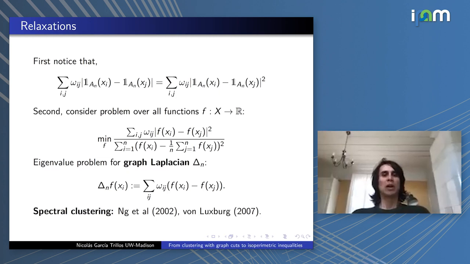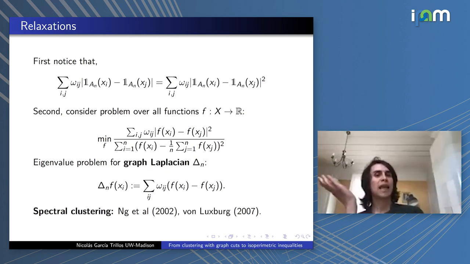You say, well, we have our cut functional that, remember, I wrote in this form earlier. And then you can say, at least for indicator functions, you can square the difference between those two things, or not square it. At the end of the day, 1 squared and 0 squared is equal to 1 or 0. The same thing for -1. And then the idea is that you are relaxing the functional.